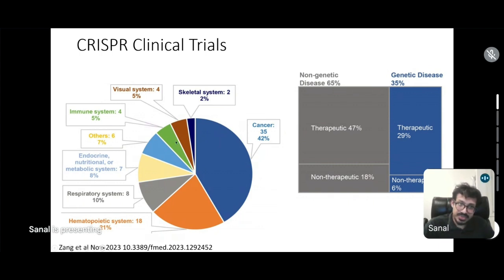About another 5% is immune system, and 8% endocrine system, and respiratory system like cystic fibrosis falls about 10%, and hematopoietic stem cells and hematopoietic system is another big area of gene therapy, about 21%. So about 65% of the gene therapy goes into non-genetic diseases and 35% for genetic diseases.